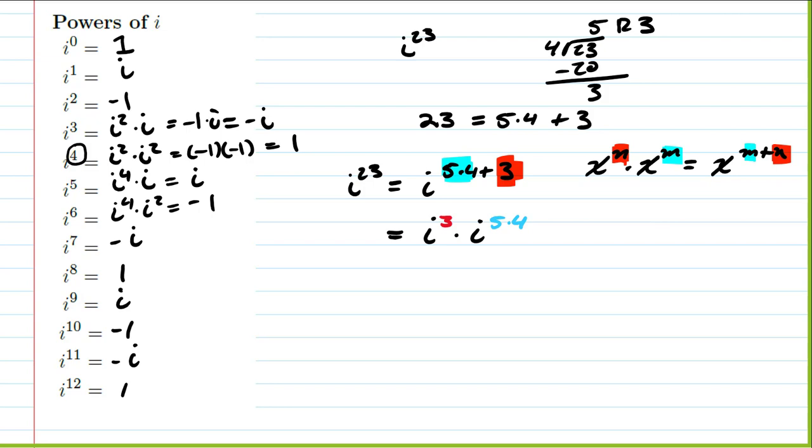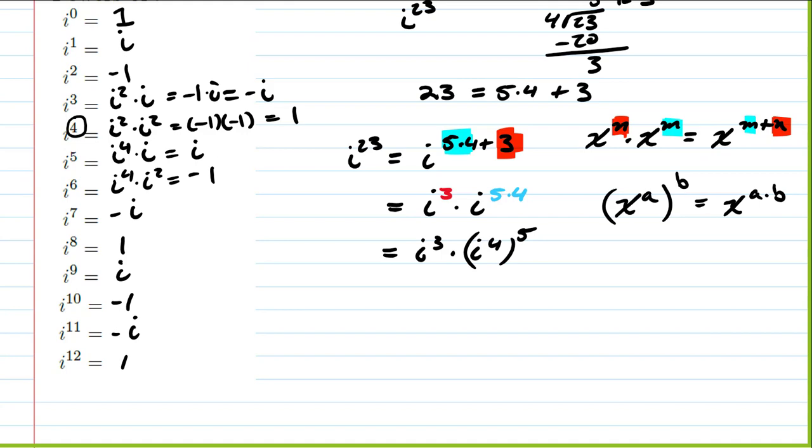So then we have another property of exponents that's helpful, which is if I have x raised to the a raised to the b, this is the same as x to the a times b. Well, then on this one, I could have i to the third times i to the fourth raised to the fifth, using our exponent laws.